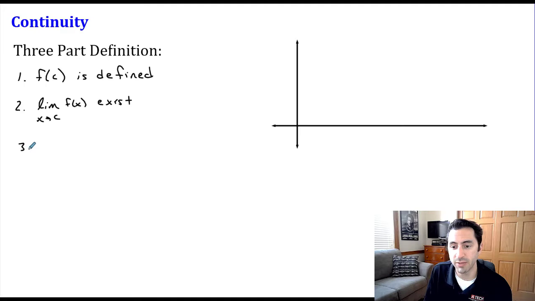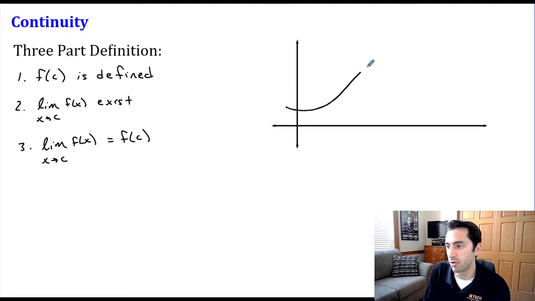And then the last piece of the definition, bringing those first two together, is they need to be the same. So the limit as x approaches C, that value for the limit has to be exactly the same as that function value at C. So let me do a little visual just to help explain this a little more.